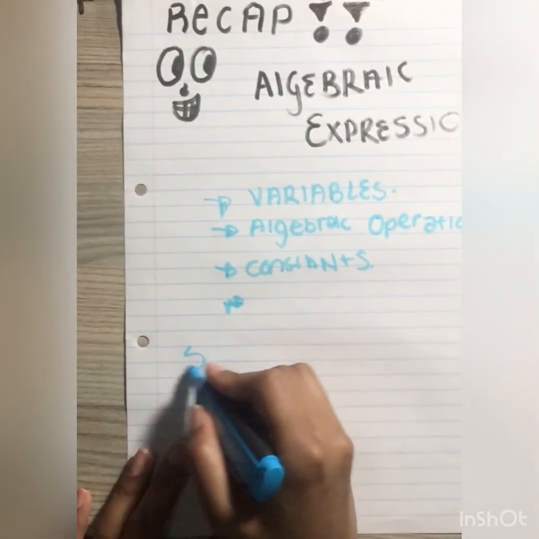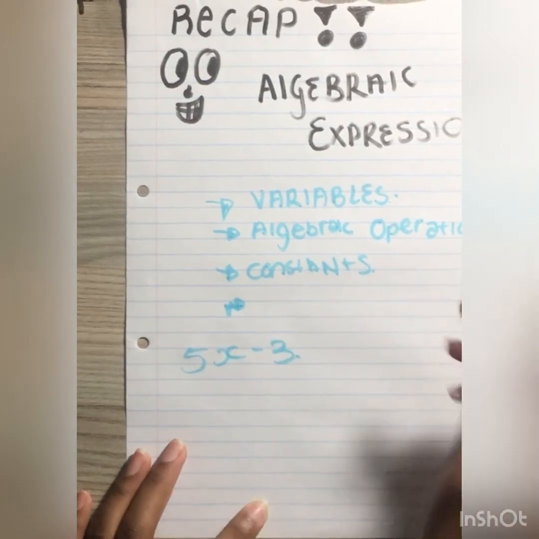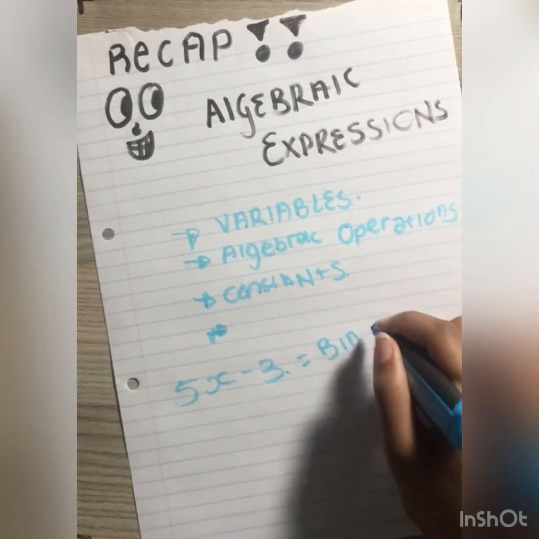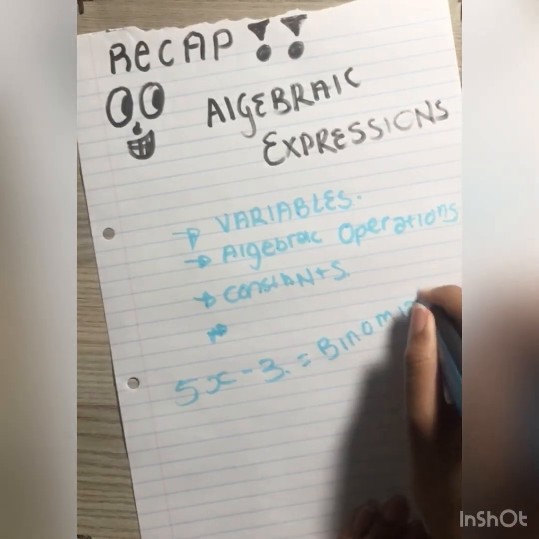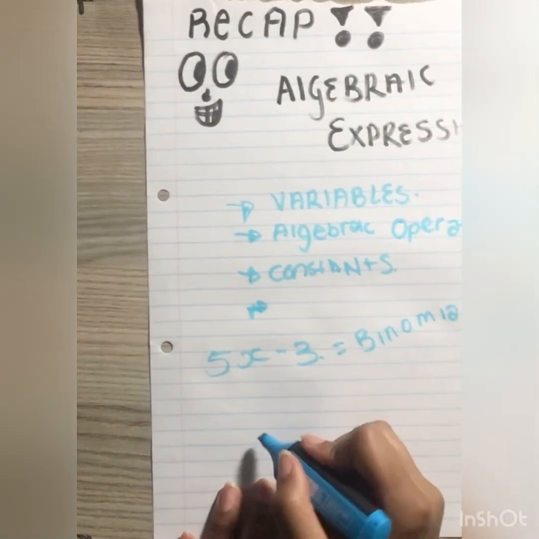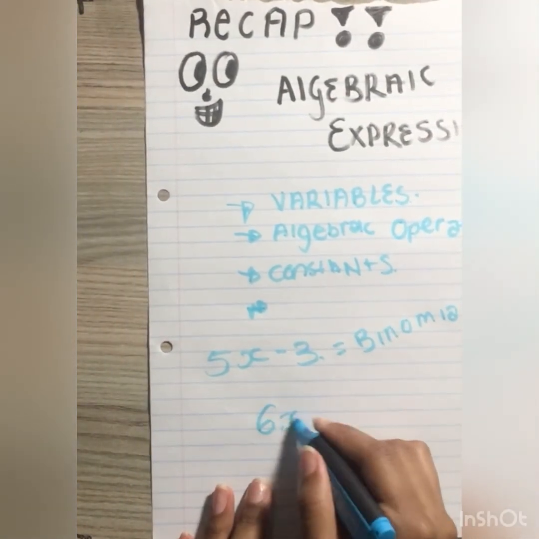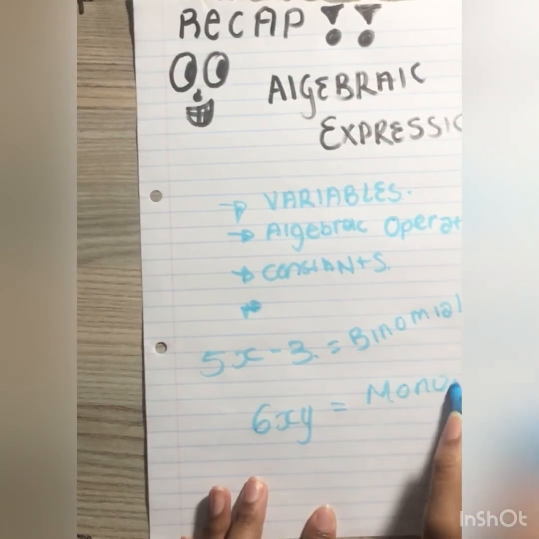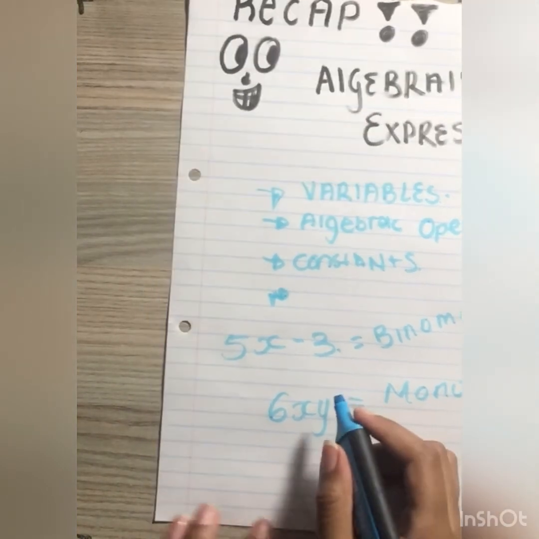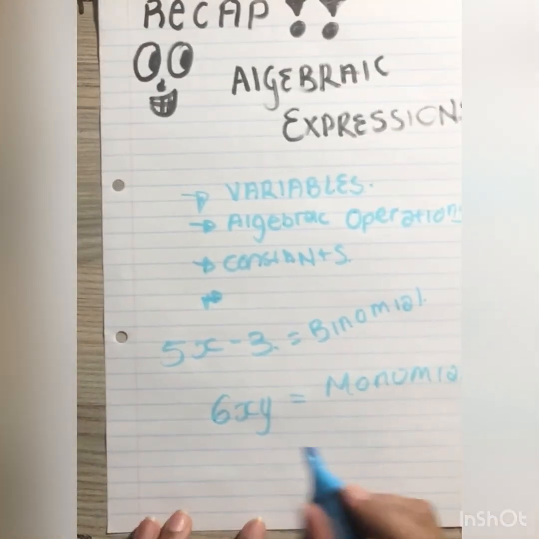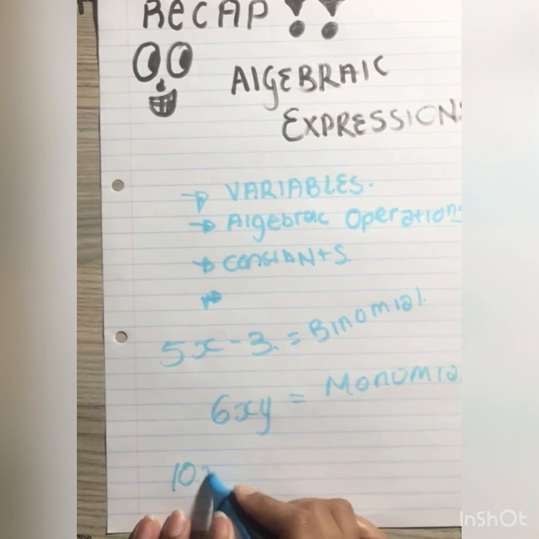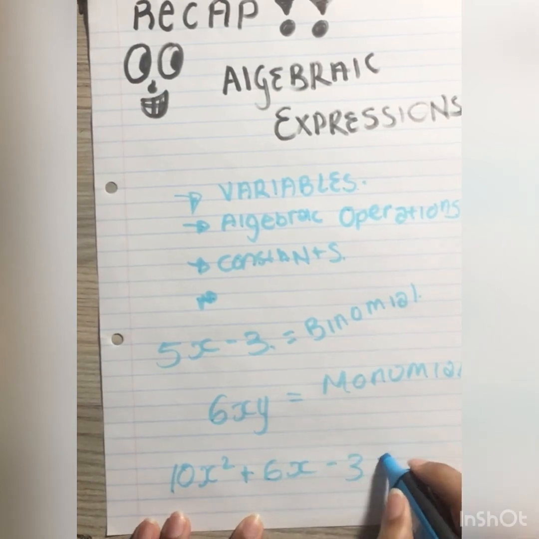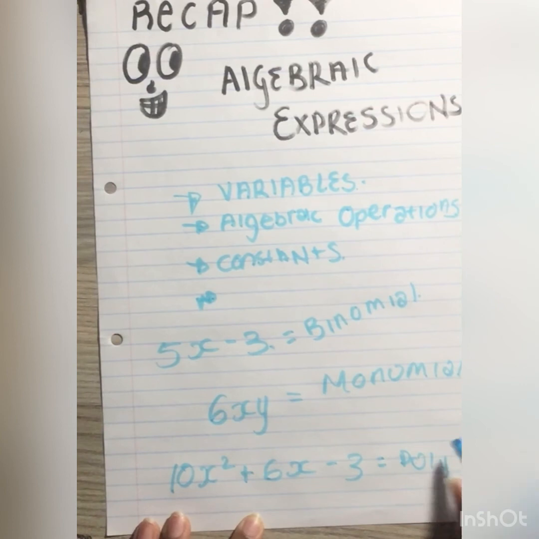So we have the example 5x minus 3. This is known as a binomial, okay? Then we have the expression 6xy, which is a monomial. And then we have the expression 10x squared plus 6x minus 3, which is a polynomial.